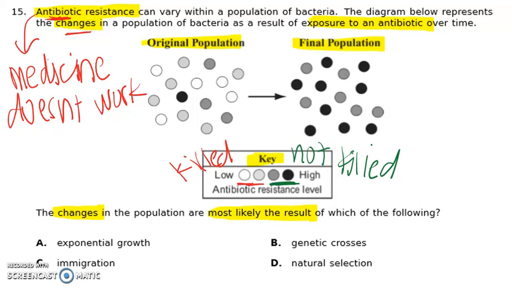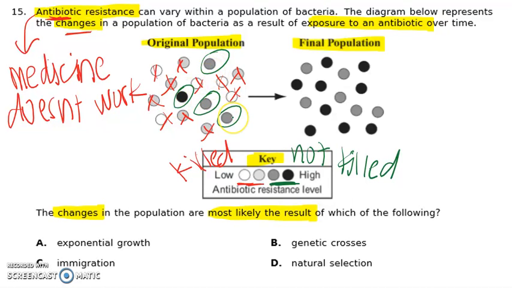So when we look at our original population, we can see that most of the population is on the low antibiotic resistance level. So most of them are going to be killed. All of the light grays and the whites, okay, they're all going to die. So all that's left are a couple bacteria that have high antibiotic resistance that aren't killed.